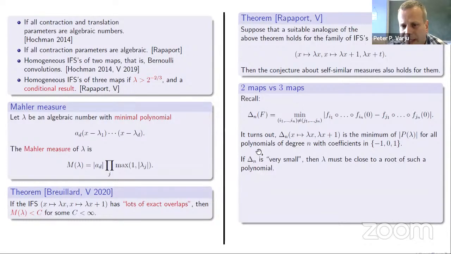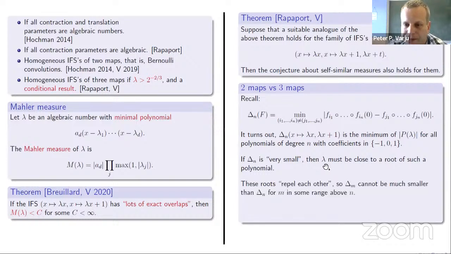So now what this means is that if you have some delta n which is very, very small, then what that means is that p of lambda has to be very small for such a polynomial. And it turns out that this also means that lambda itself has to be very close to a root of such a polynomial. Now, what is very nice is that these roots repel each other, by which I mean that you can estimate how close they can be to each other.